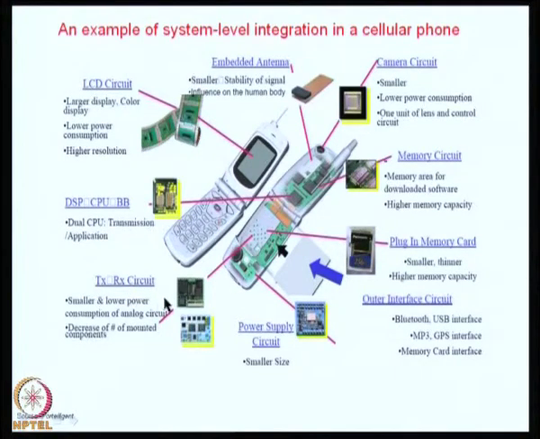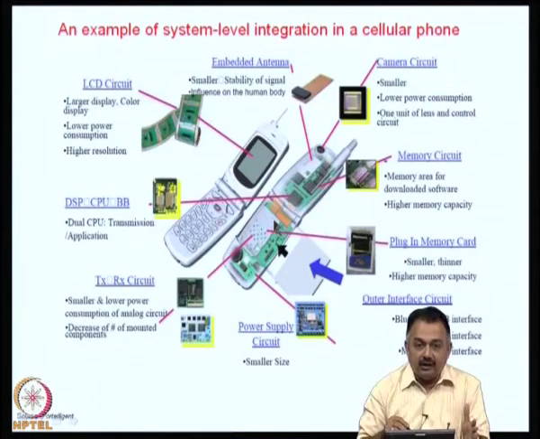when you are designing the transceiver receiver circuit. And in all of these cases you must look at how you can reduce the number of mounted components, because if the number of components increases on these two substrates, then the bulk volume of your mobile phone is going to be huge, okay, and the weight will increase. So, that is not a favorable requirement for the consumer.